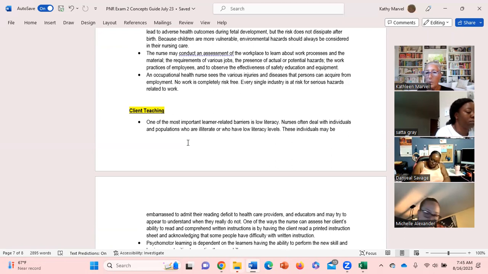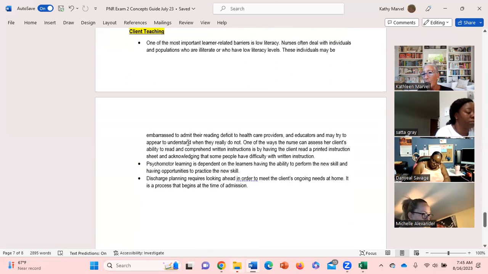Okay. Why does this happen? Well, there may be language barriers, maybe a cultural barrier. Oftentimes, patients are embarrassed to admit that they can't read, right? Or they don't understand.